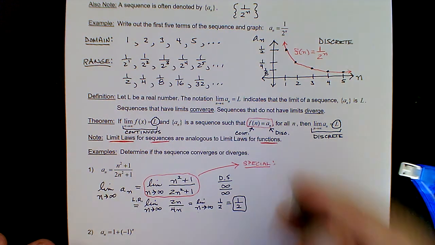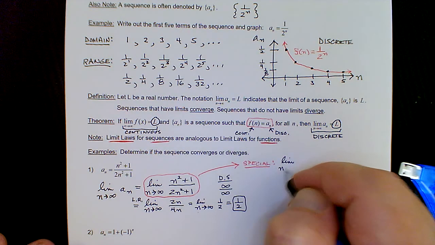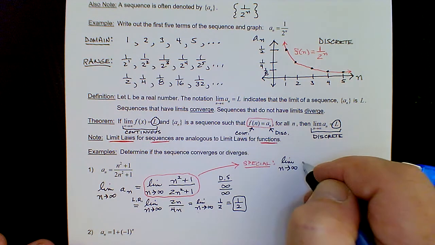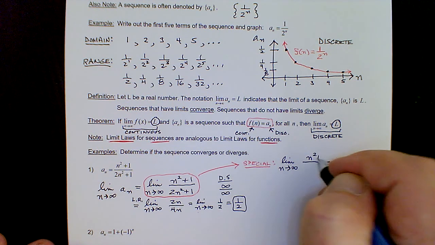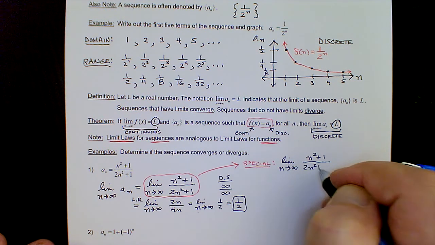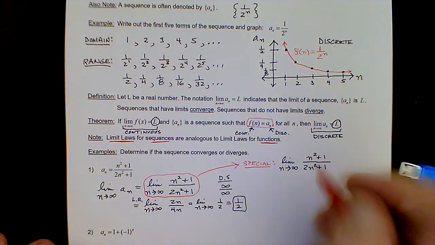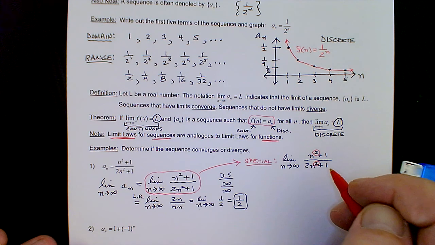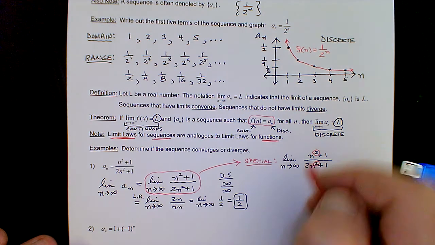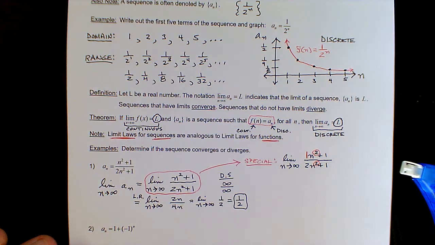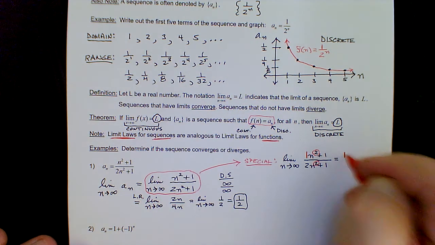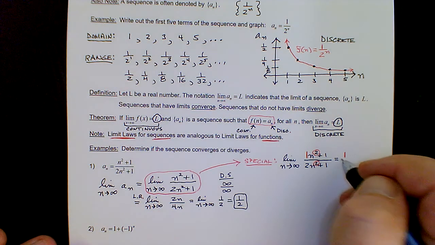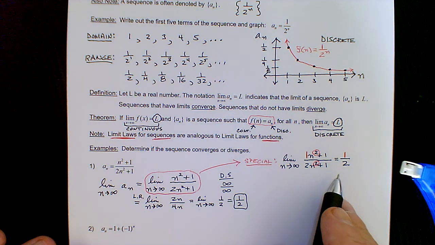That is, if you have the limit as the variable increases to infinity of a ratio of two polynomials where the degrees of those polynomials are equal, in this case degrees are 2, then the limit is just going to be the ratio of the leading coefficients. So in this case, 1 over 2.